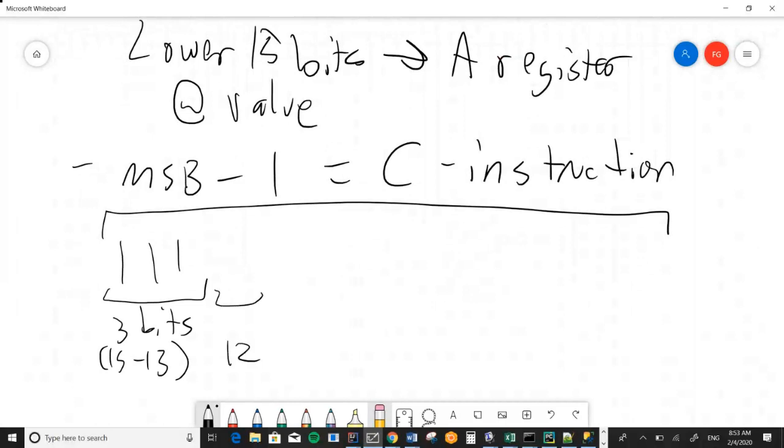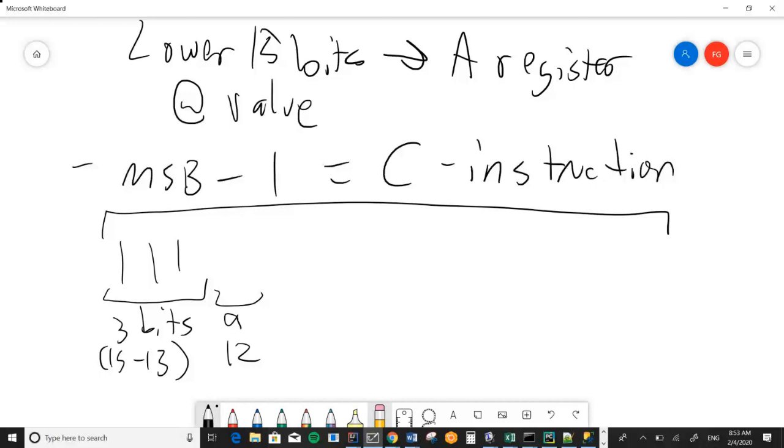Next is bit 12. This bit is known as A. A indicates whether the address denoted by the A register is itself an ALU input, or if the memory contained at that address is an ALU input.